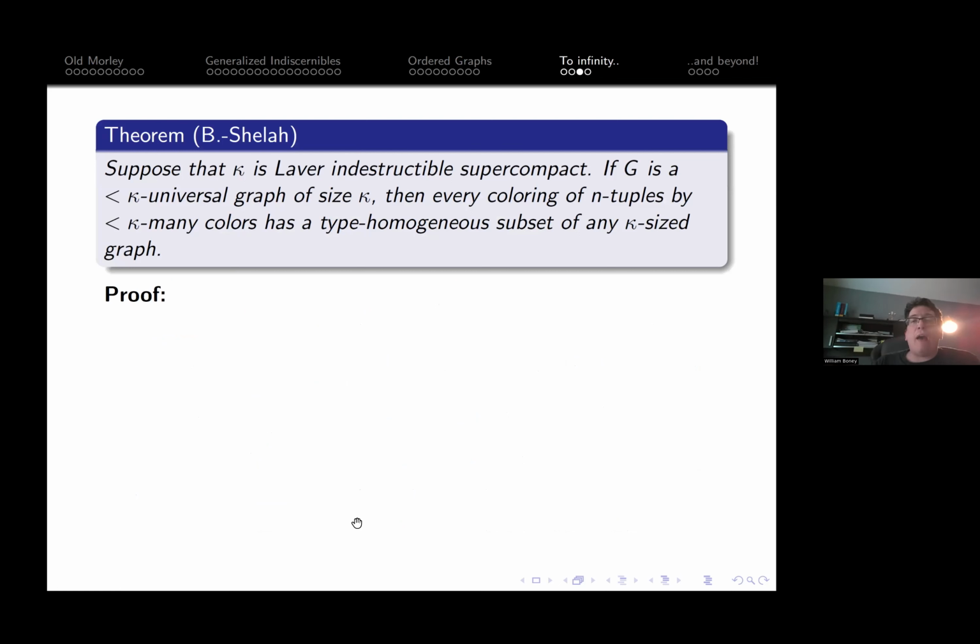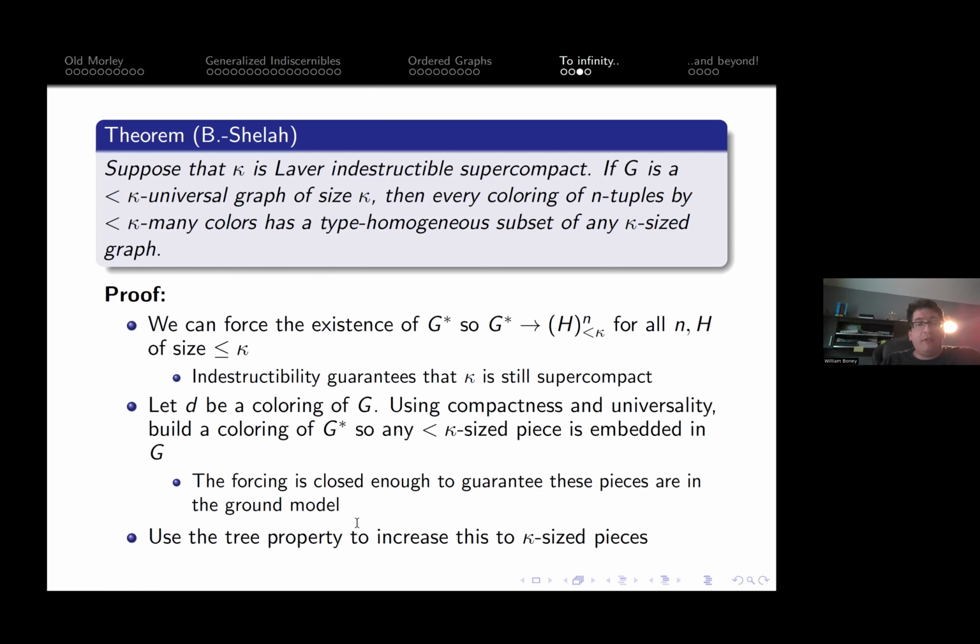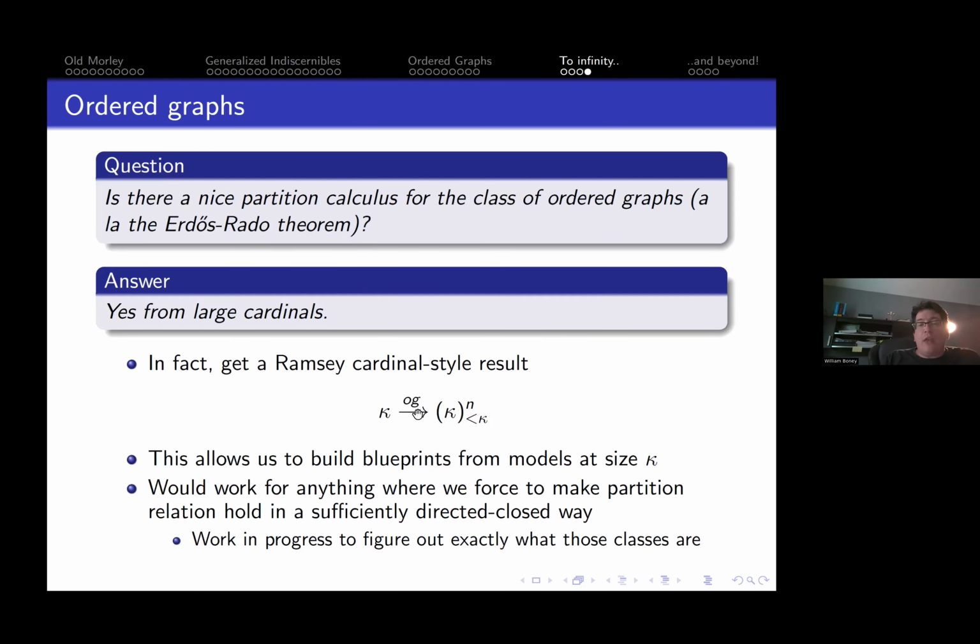It says that if you have a certain large cardinal, you can get a Ramsey style result: if kappa is Laver indestructible supercompact, then you have kappa arrows kappa to the n less than kappa. That is, if I take any kappa sized graph and color its tuples with less than kappa many colors, I can find some less than kappa universal subgraph of it that's type homogeneous.